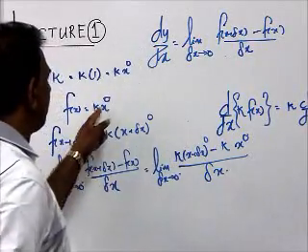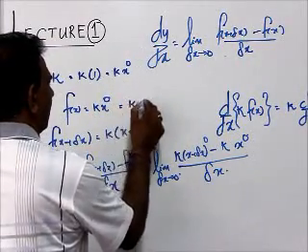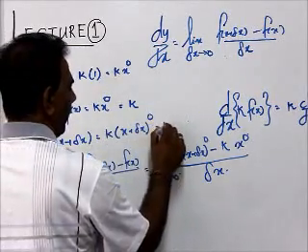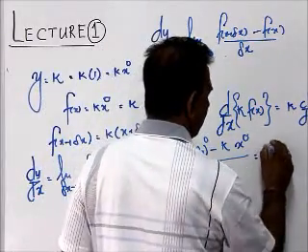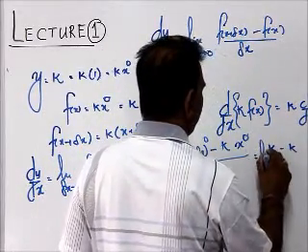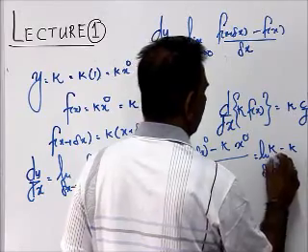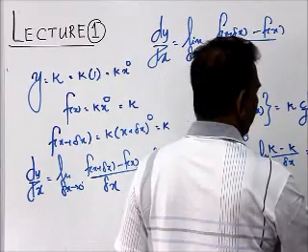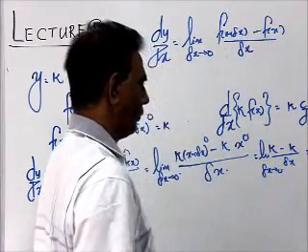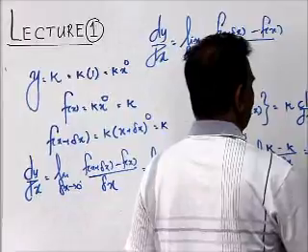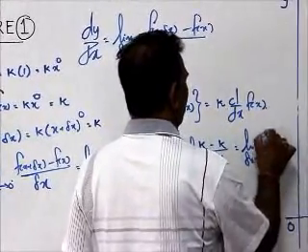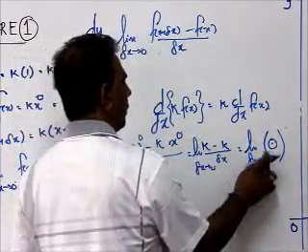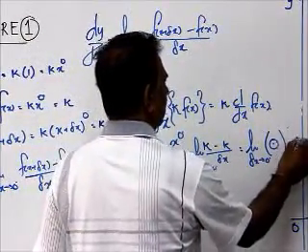We know k x to the power naught is k, and x plus delta x to the power naught is 1, therefore this is also k. Then k minus k, limit as delta x tends to 0, over delta x. K minus k is 0. 0 divided by any quantity is 0. So the limit as delta x tends to 0 of 0. The 0 is independent of delta x, therefore finally the answer is 0.